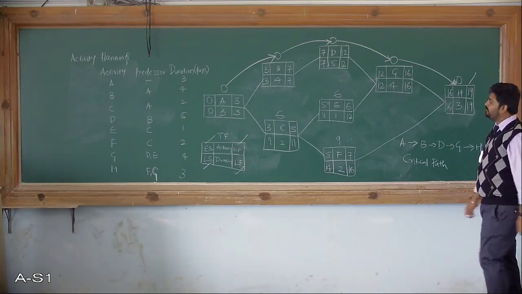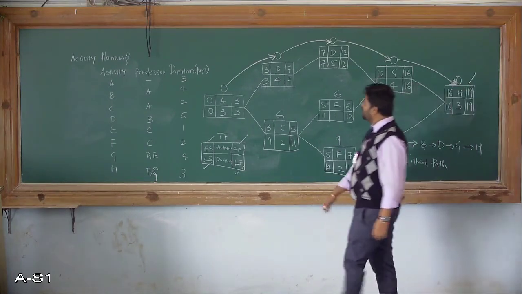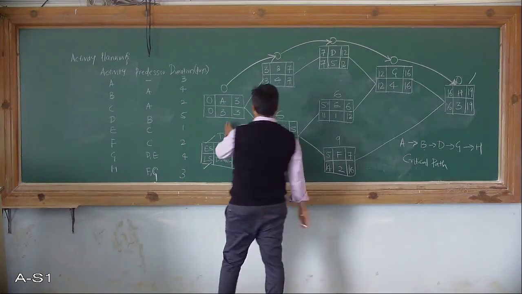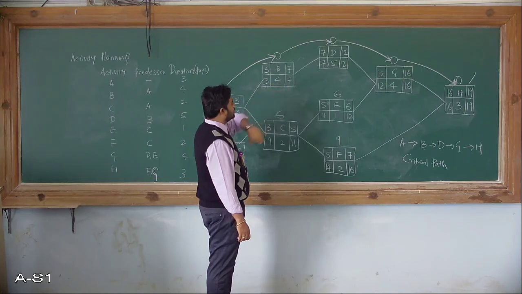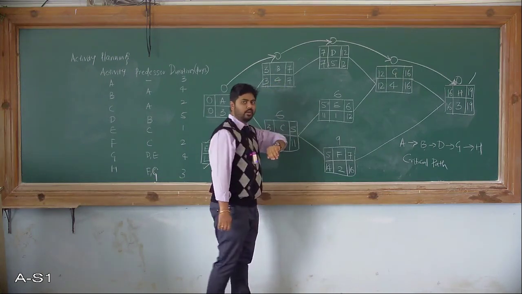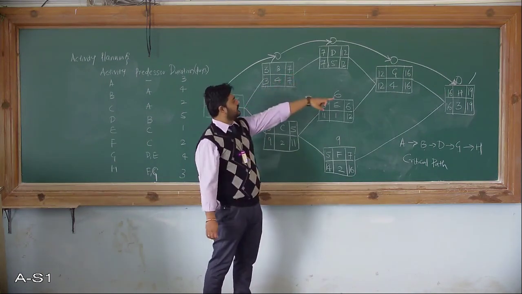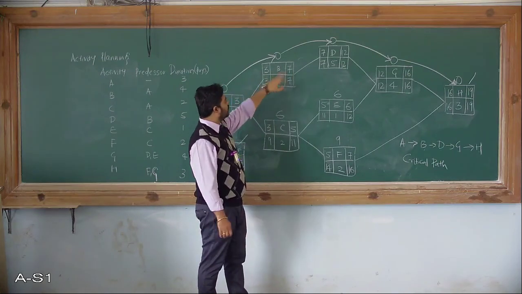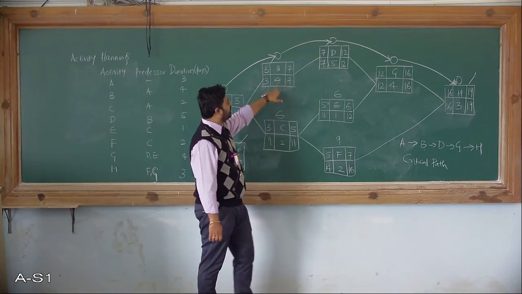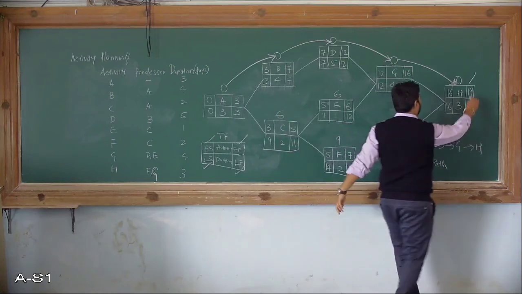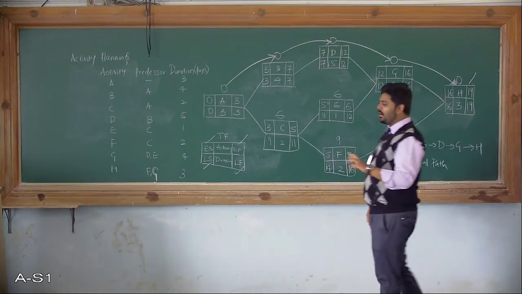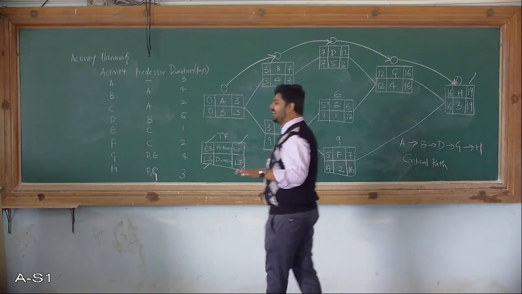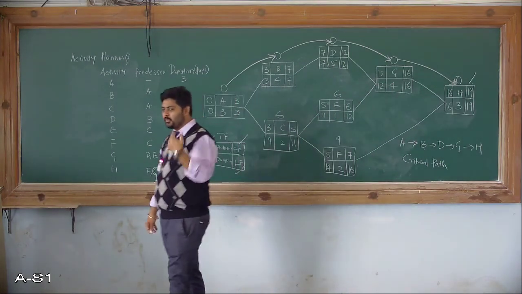Suppose, for example, in between I found some hurdles and obstacles, and because of that my project is delayed by 2 days. If the delay is in the critical path, then your total project duration will be delayed by 2 days. So you cannot make any alteration or modify that.